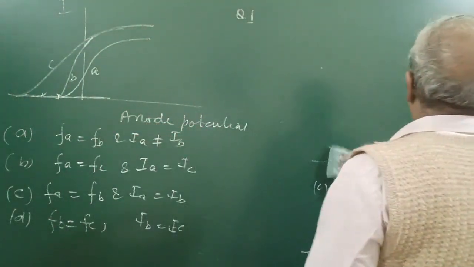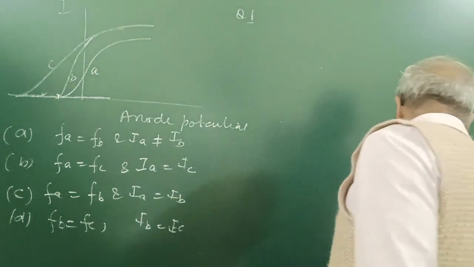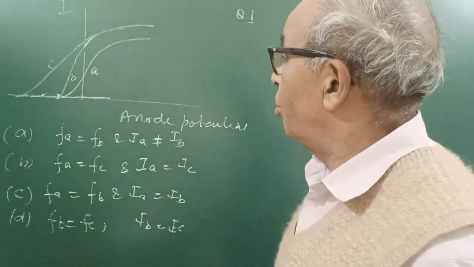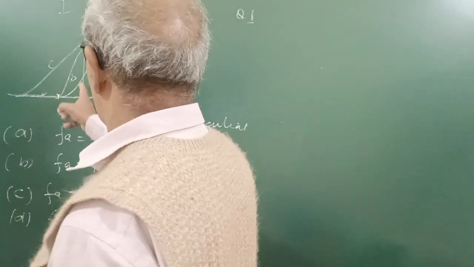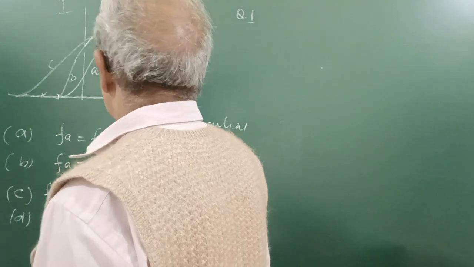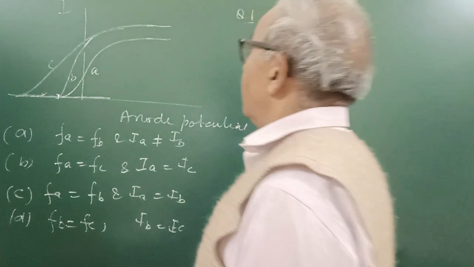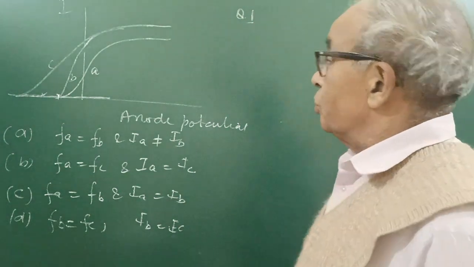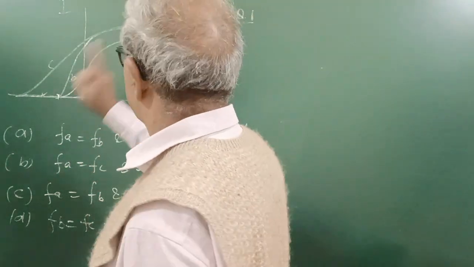The negative anode potential at which photoelectric current becomes zero is called cutoff potential. So for same frequency, cutoff potential is same, so here FA equal to FB is done. Now this saturation current will be same at same frequency. So here FA equal to FB, IA is not equal to IB.